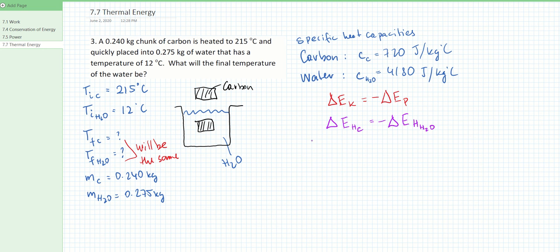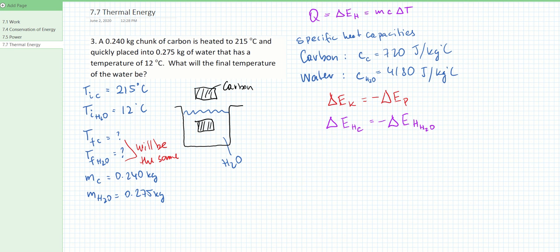For the carbon, remember, our Q, or in this case we're using delta E, equal to mc delta capital T for temperature. So that's the equation we're going to use. So again, instead of Q, we're using the change in energy because here we're just talking about changes in energy, but it's still the same equation.